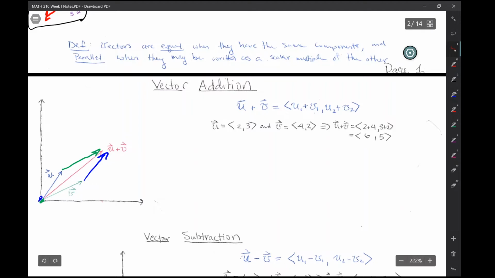Now let's take a look at a deeper reason of why that's working. So how can we reconcile just adding components to actually getting this tail to end rule? Okay, and I called the end sometimes the head, so either one would work. Well, here is the x component of v right there. Okay, the x component of u is right here.